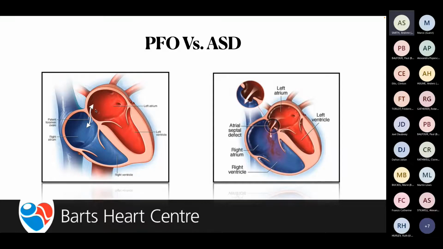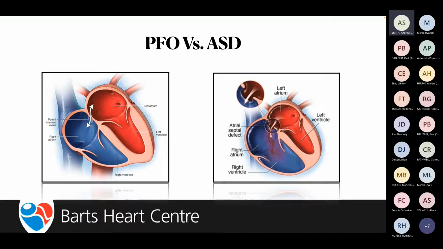But generally, PFOs don't offer a significant hemodynamic load on the heart for that reason. On the right hand side, you see a secundum atrial septal defect, which, as you can see, is a hole in the atrial septum. And as there's a hole and no flap, in the context of left atrial pressure being higher than right, you get continual volume load from the left atrium to the right atrium and into the right ventricle, which causes a volume-loaded right ventricle, right ventricular dilatation, and then the sequelae of that.